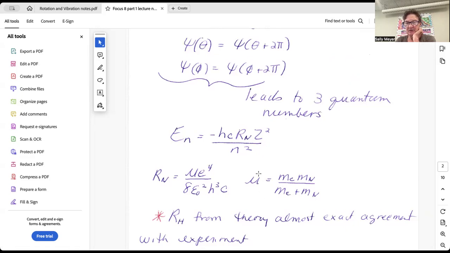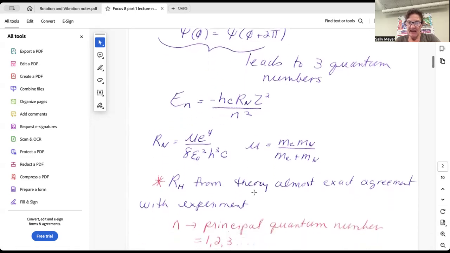So in general, unless you're doing really careful work, the reduced mass can be replaced with the mass of the electron. So this Rydberg constant can be derived from theory to be a function of all of these fundamental constants: mass of the electron or reduced mass, fundamental charge to the 4th, over 8 times the permittivity of the vacuum squared, Planck's constant cubed, times the speed of light.